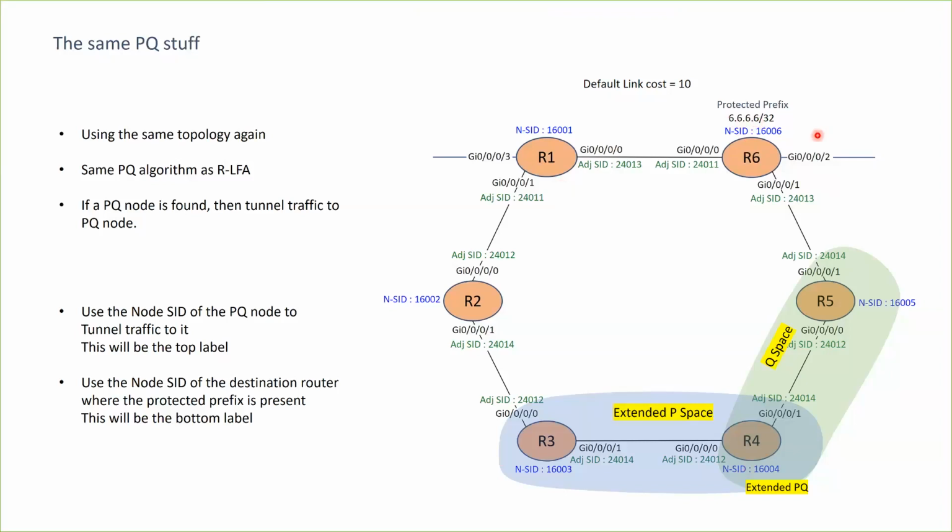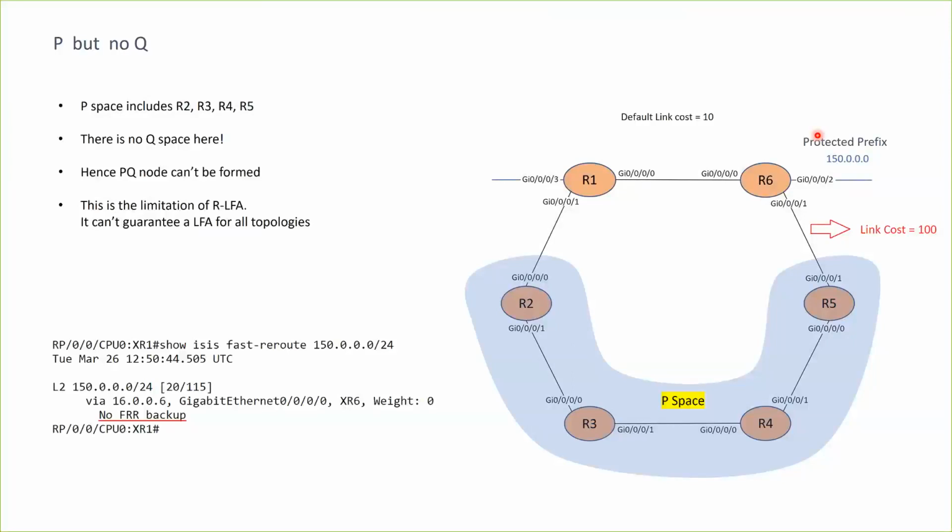You remember 150.0.0.0 was my protected prefix in this case. So TI-LFA protects these prefixes also. TI-LFA will see which node this prefix is connected to. In this case it is R6. So TI-LFA will try to build the PQ node to reach the node where my destination prefix is connected. That way I end up protecting this also.